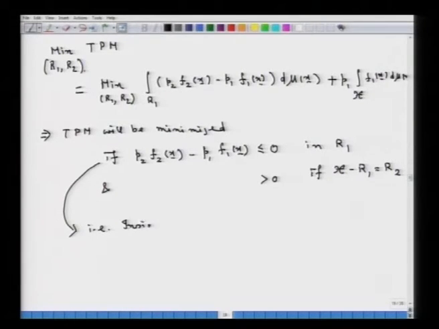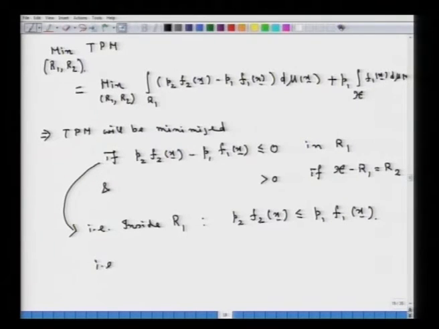inside R1, in order to minimize the total probability of misclassification, we require that P2 F2 x be less than or equal to P1 F1 x.